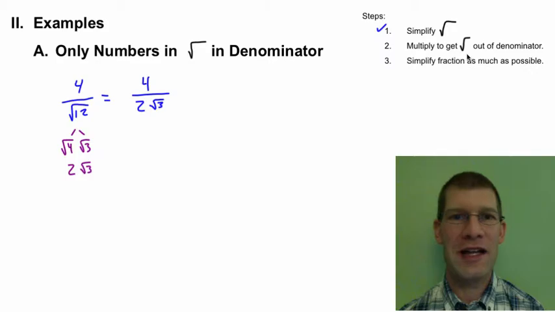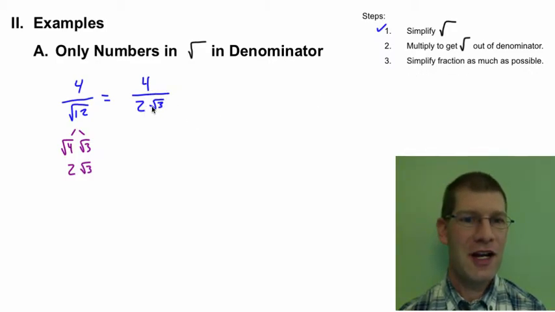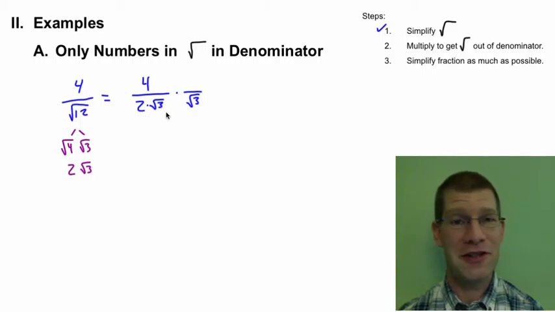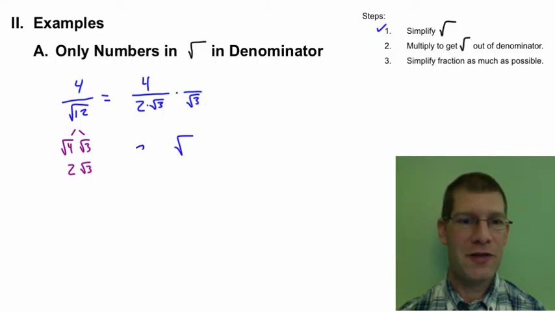Now we want to multiply to get the radical out of the denominator. You could multiply by the whole denominator, but that's just going to give you a lot of extra work in the long run. If we multiply the denominator by square root of 3, what happens is you end up with 2 times square root of 3 times square root of 3, which is the same as 2 times the square root of 3 squared.